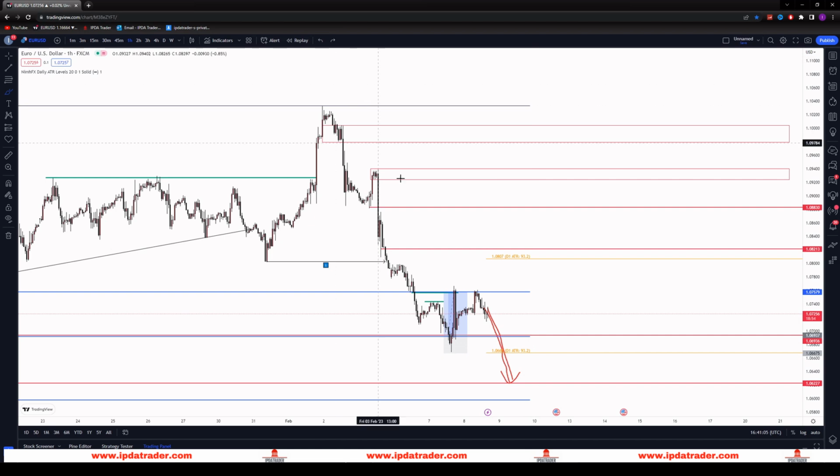So therefore, the cleaner the move down into the level, meaning the cleaner the bearish candles that form, the better for you, because you're going to have clean range as we turn and start moving the other way. You don't want to see that slow grind into the level. You want to see it collapse into it, okay?